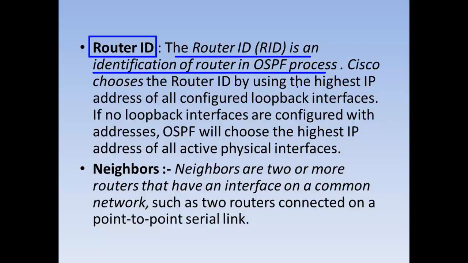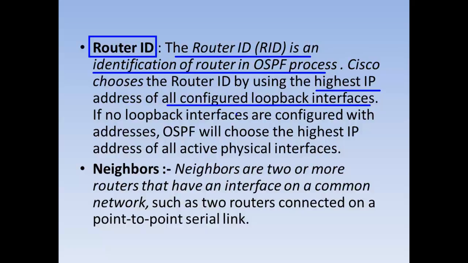By default, it chooses the highest IP address of the loopback configured interface in the router. So very first it checks if there is a loopback interface configured. If yes, then the highest IP of that loopback interface will be the router ID.